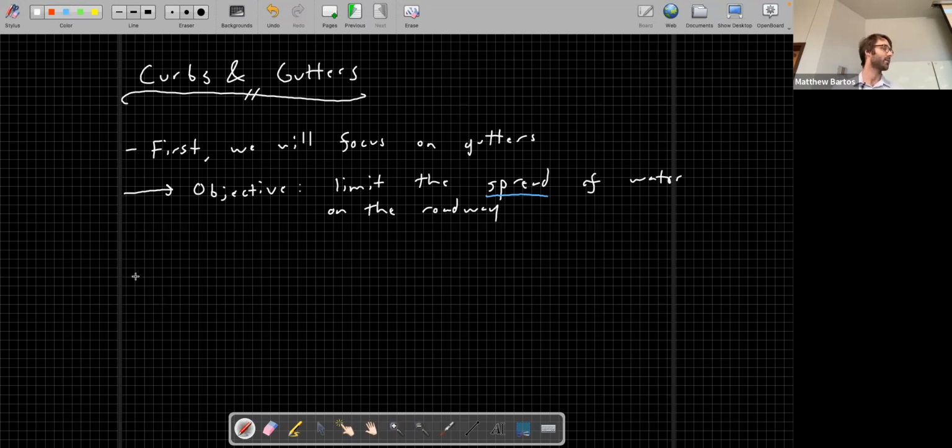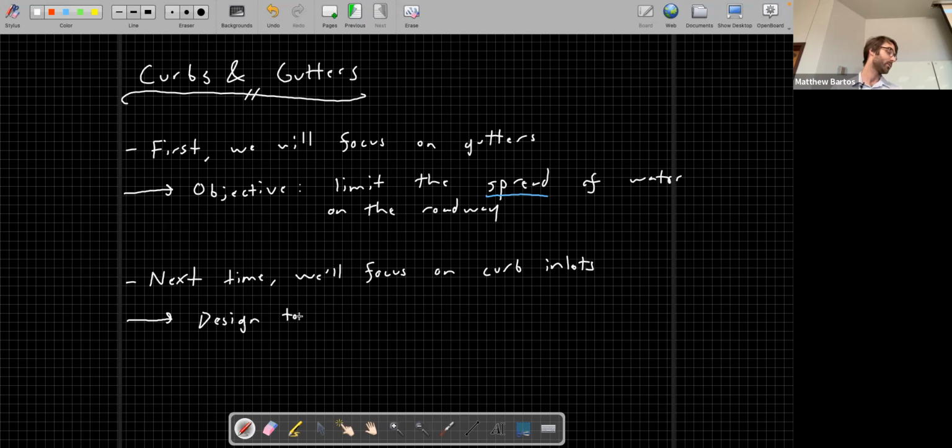In the next class on Thursday, we'll be talking about the other component, which is curb inlets. Next time we'll focus on curb inlets, these openings in the curb, and we are going to design them to limit the discharge in the gutter.